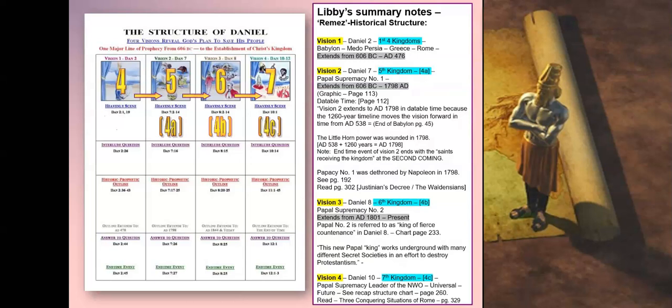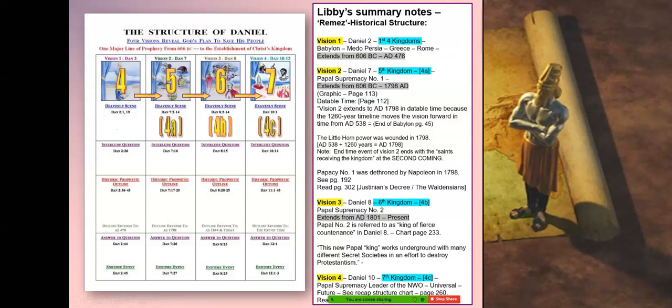The first kingdoms in Vision 1 were Babylon, Medo-Persia, Greece, and Rome. And we see in these structures too, not to get too far ahead of ourselves, that under the historic prophetic outline, Charlene has noted the outline extends to 476. So it began in 606 BC, and I put the timeline here, AD 476.